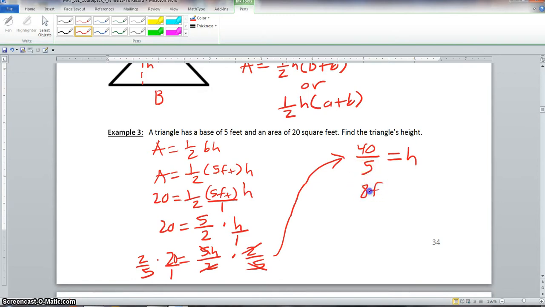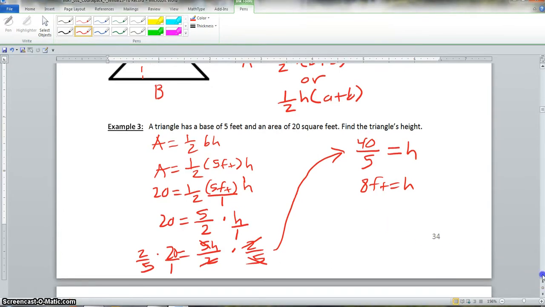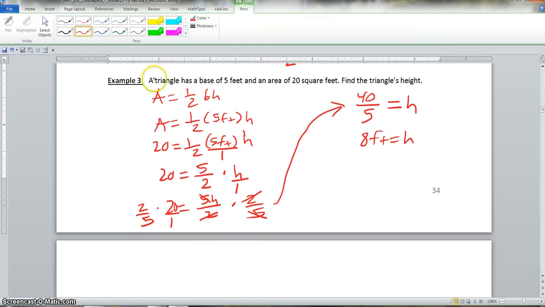So it'll be 8 feet is equal to your height. Now, one other thing that I left out here. When we substituted in 20, we were supposed to put 20 feet squared, just to notate the units of operation here.